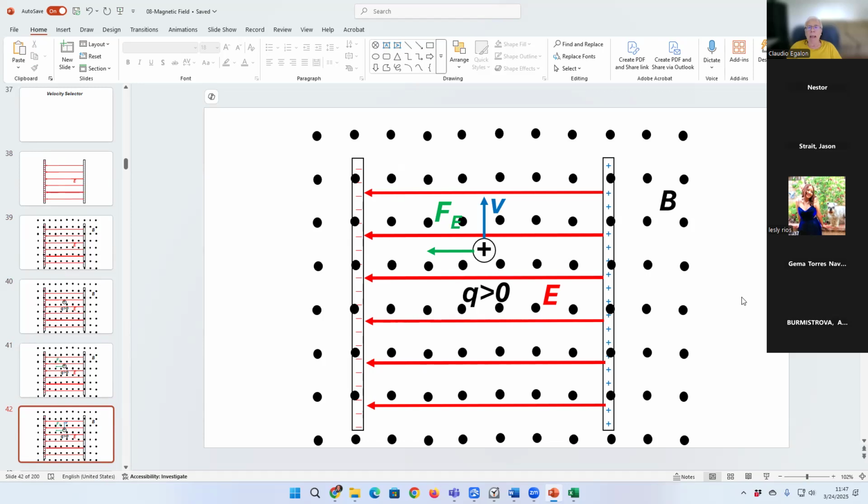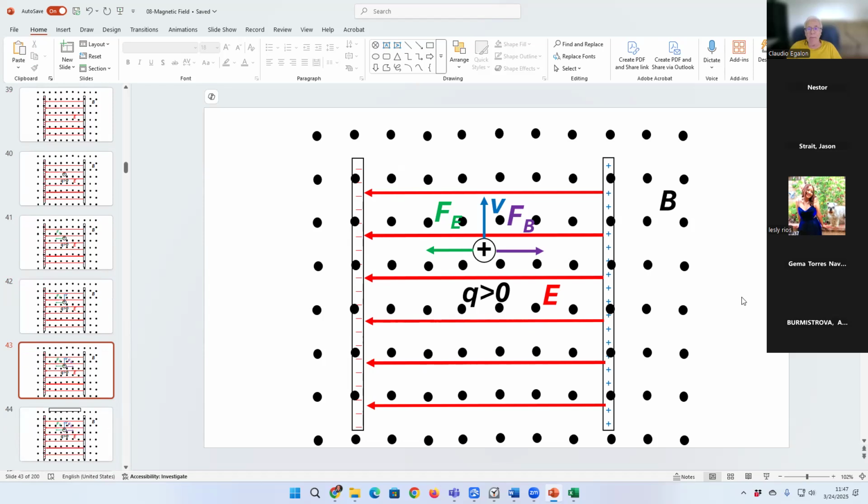However, if we apply a velocity to this charge perpendicular to the magnetic and electric fields, something interesting is going to happen. A magnetic force is going to act on the charge, right? Here's the magnetic force.